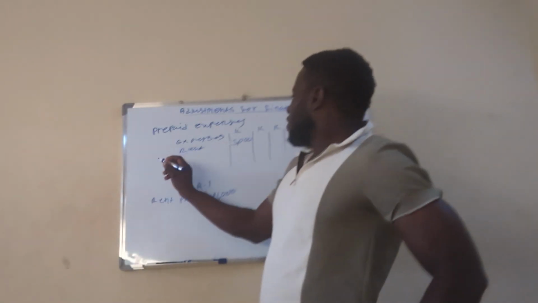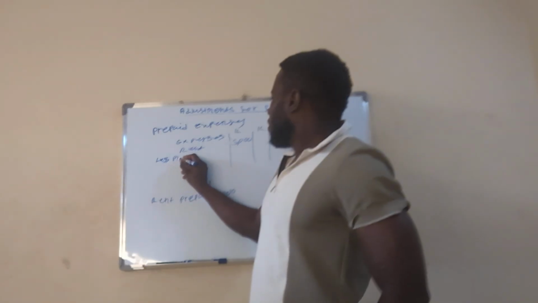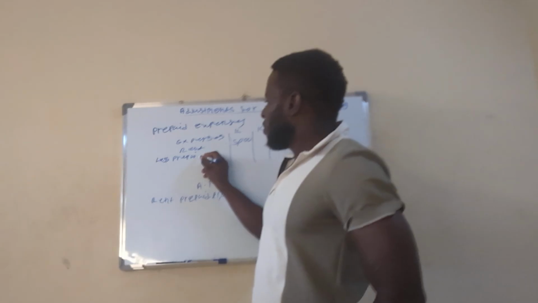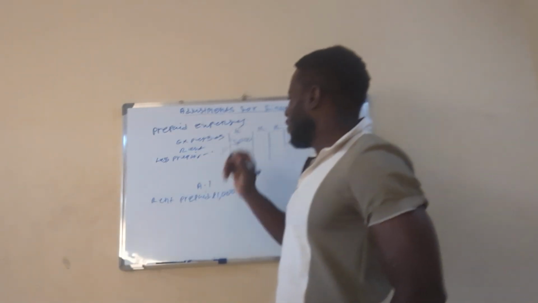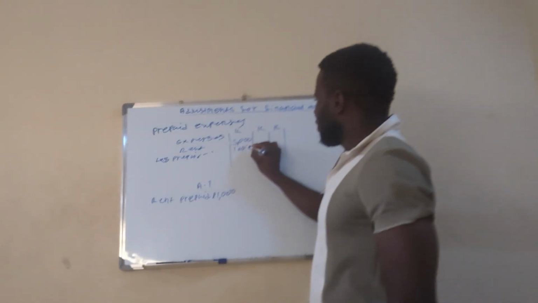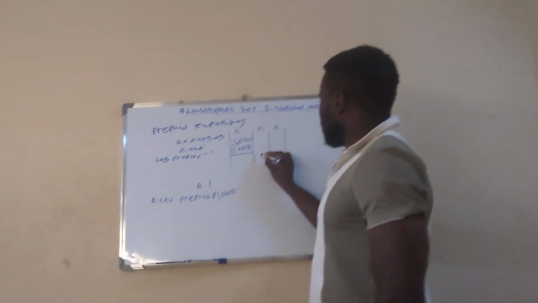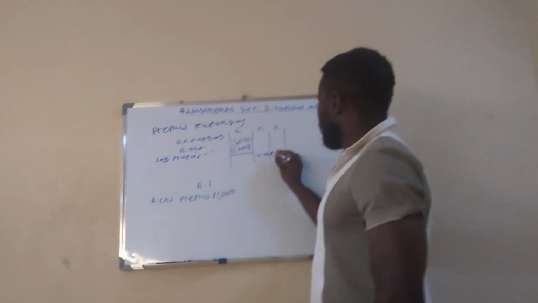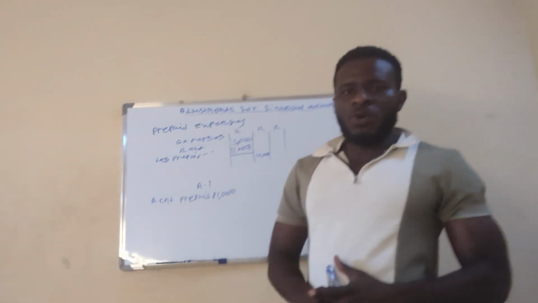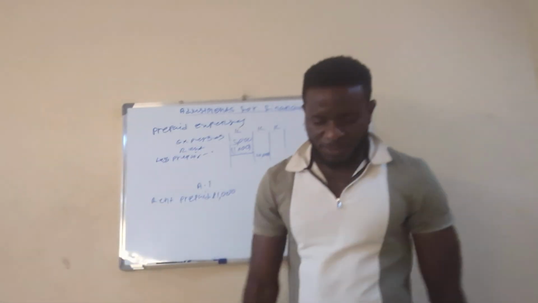So here you say less rent prepayment, 1,000. This will be subtracted and you remain with the 4,000. And this is what will be treated as your clear expense.